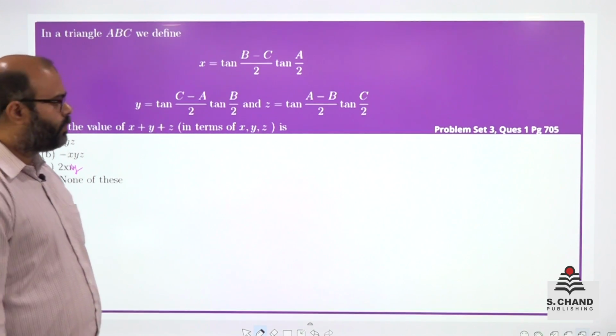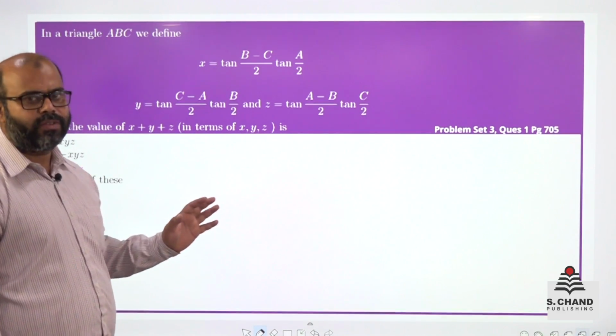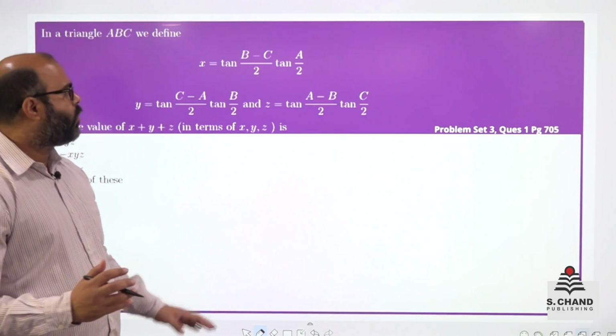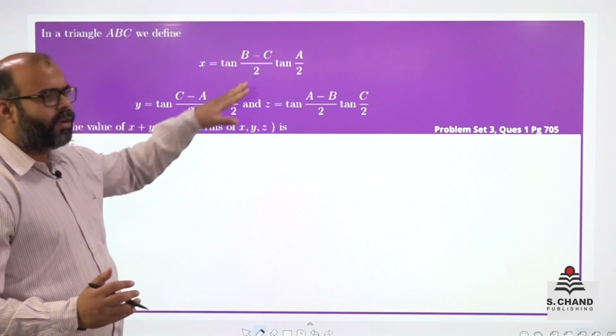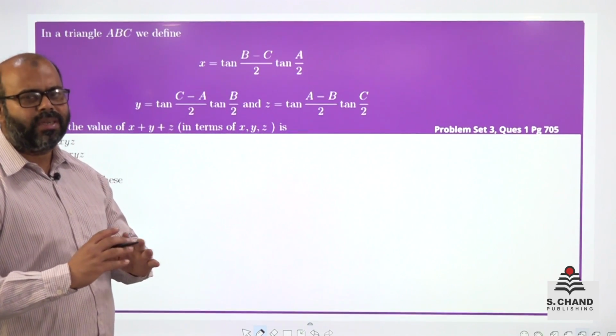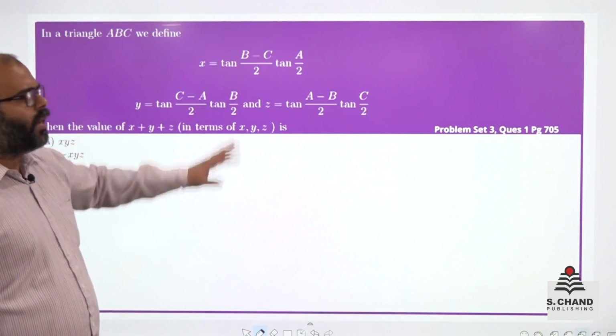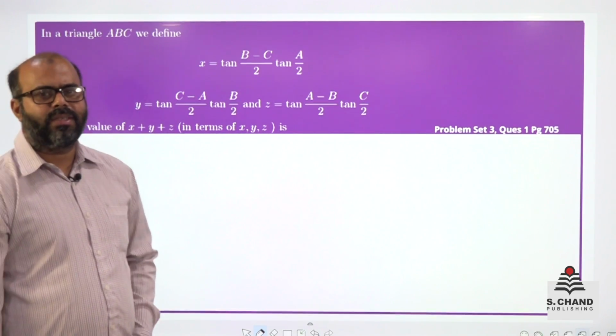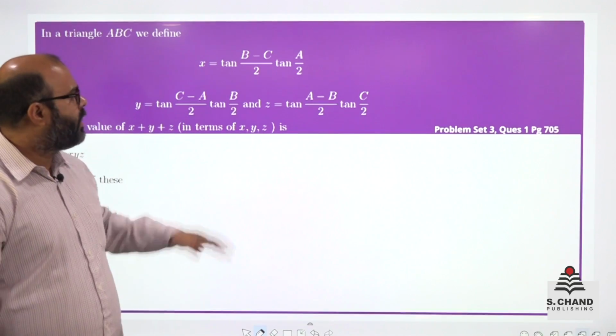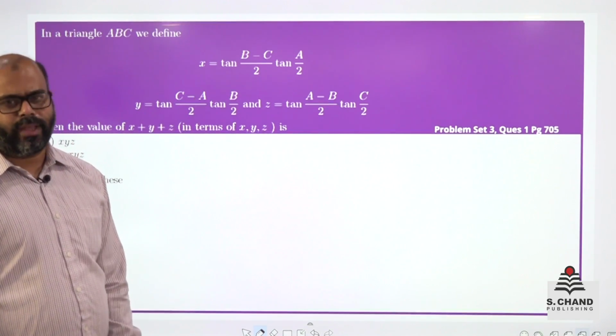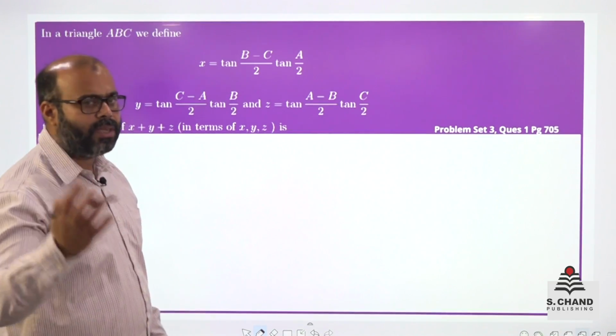So now first of all, which formula you should go for? As you can see, tan b minus c by 2, it is quite explicitly written here. So tan b minus c by 2 is actually b minus c by b plus c into cot a by 2, if you remember Napier's analogy.